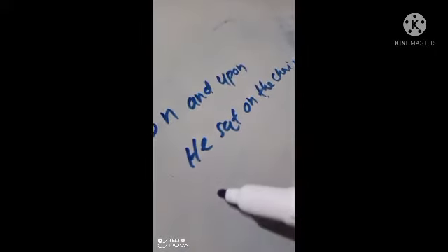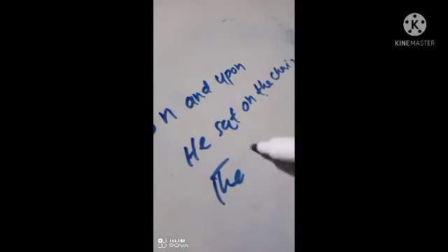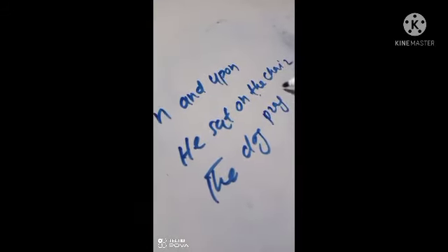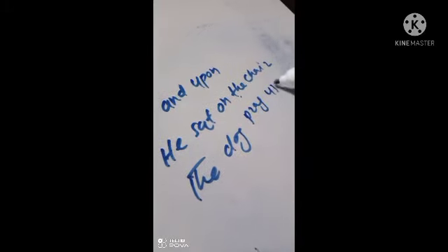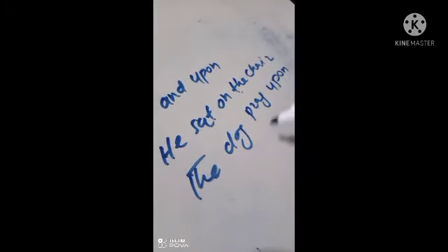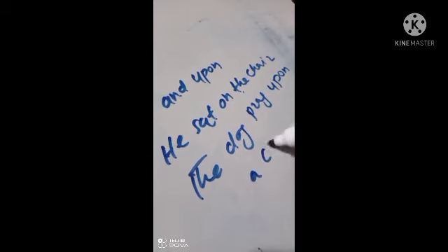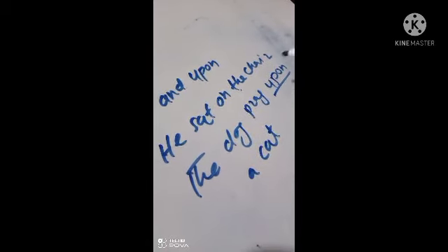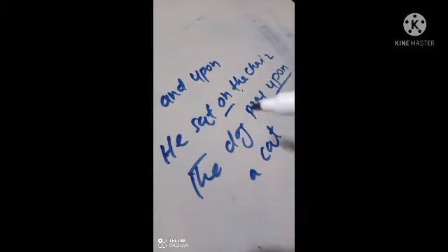For example, the dog sprang upon a cat. So here "upon" is showing motion, and "sat on" shows the rest position because the person sits on the chair.